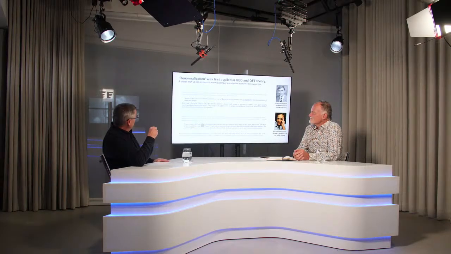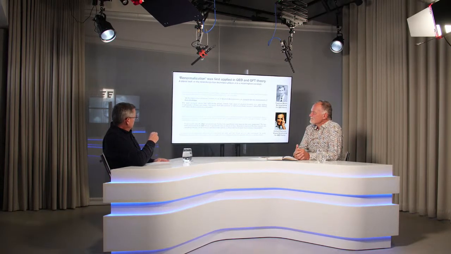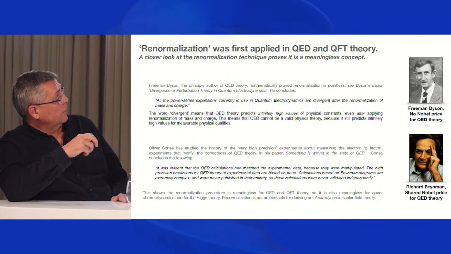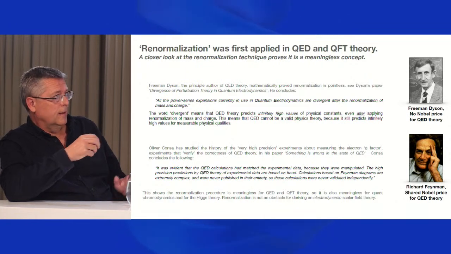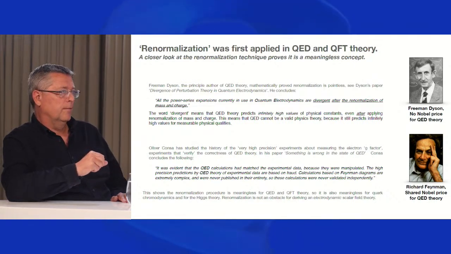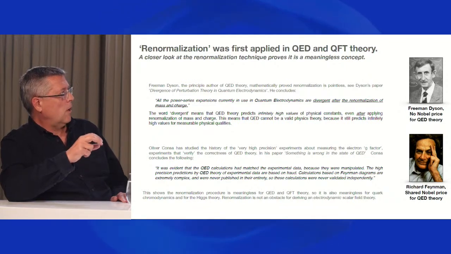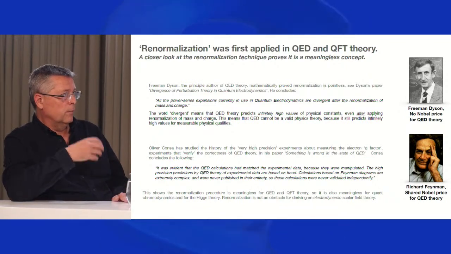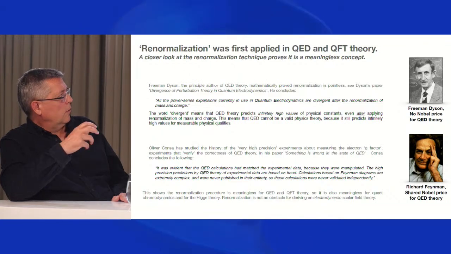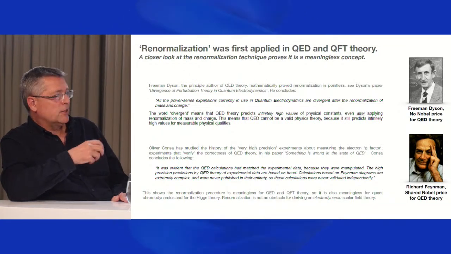The renormalization principle was first applied in QED and QFT theory. But if you have a closer look at this technique, then it starts to be a bit uncertain. So one of the principal authors of QED theory was Freeman Dyson, and he published a paper after the whole QED theory was published, on how the whole principle is actually meaningless.